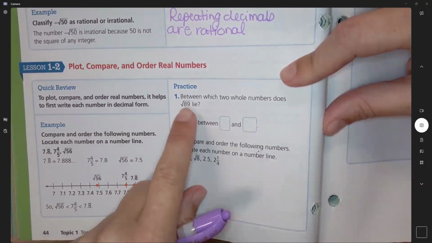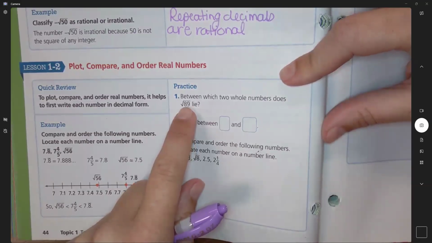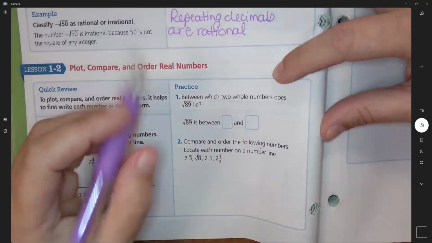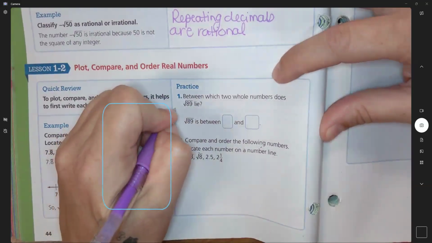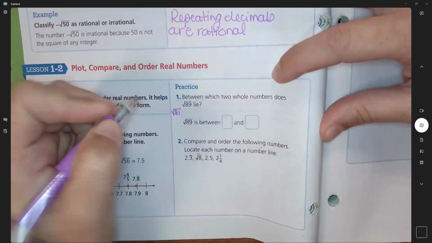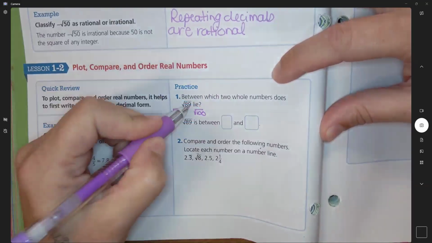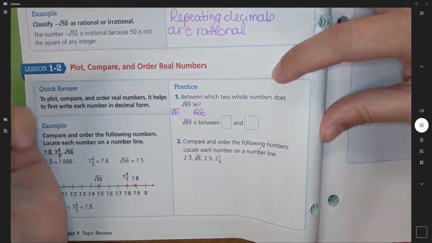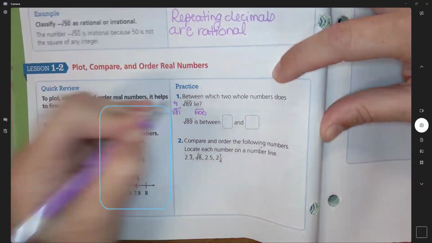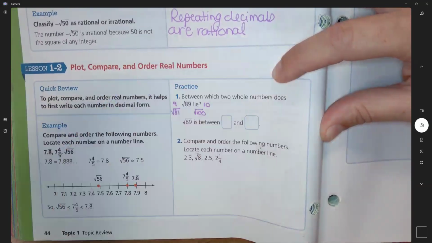This is 89, so I'm getting closer. 10 times 10 is 100. So 89 is somewhere between the square root of 81 and the square root of 100, so it must be between 9 and 10.